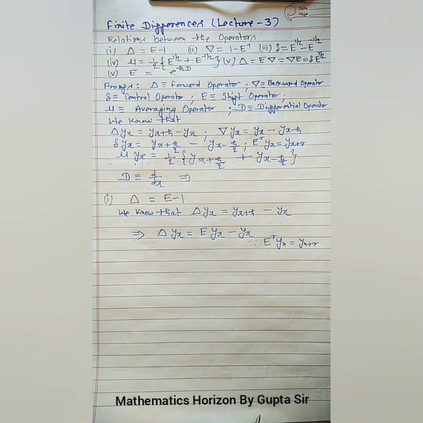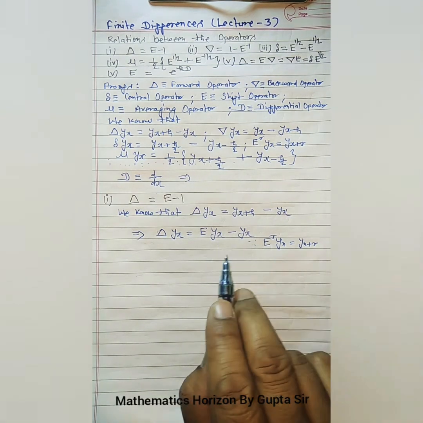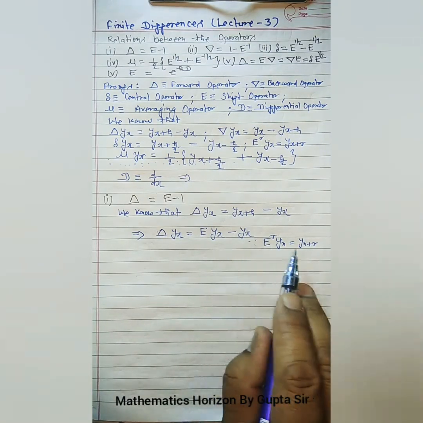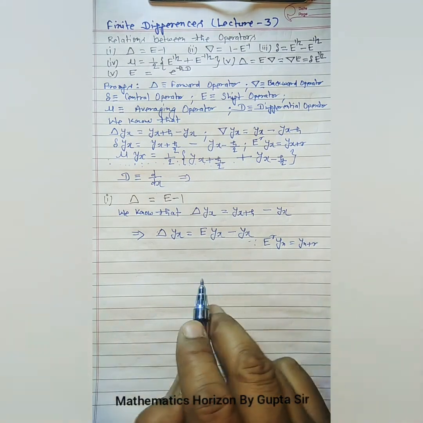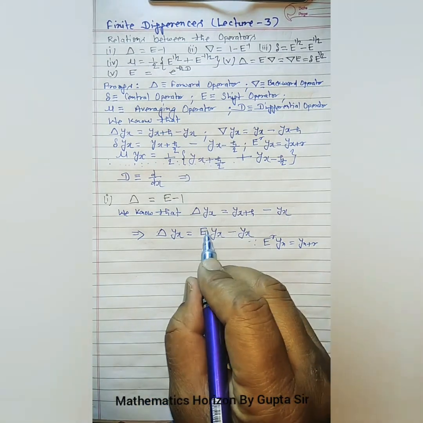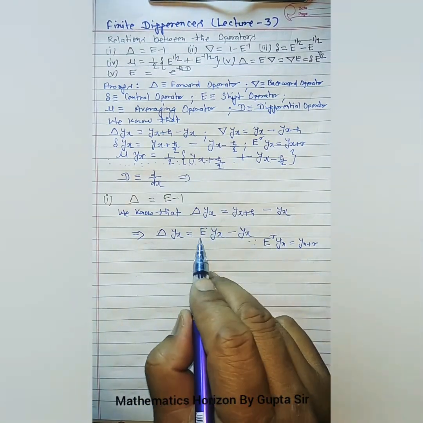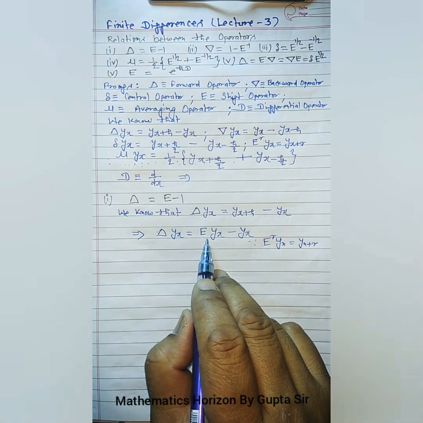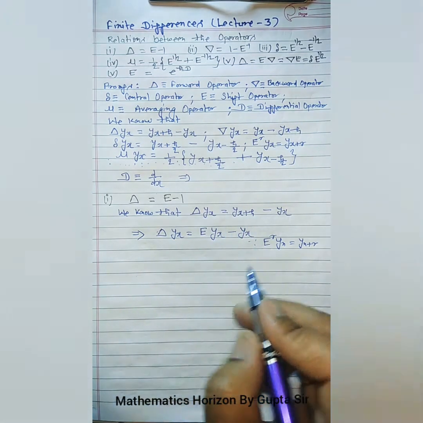Here r equal to 1, so y(x plus h) we can write as Ey(x).